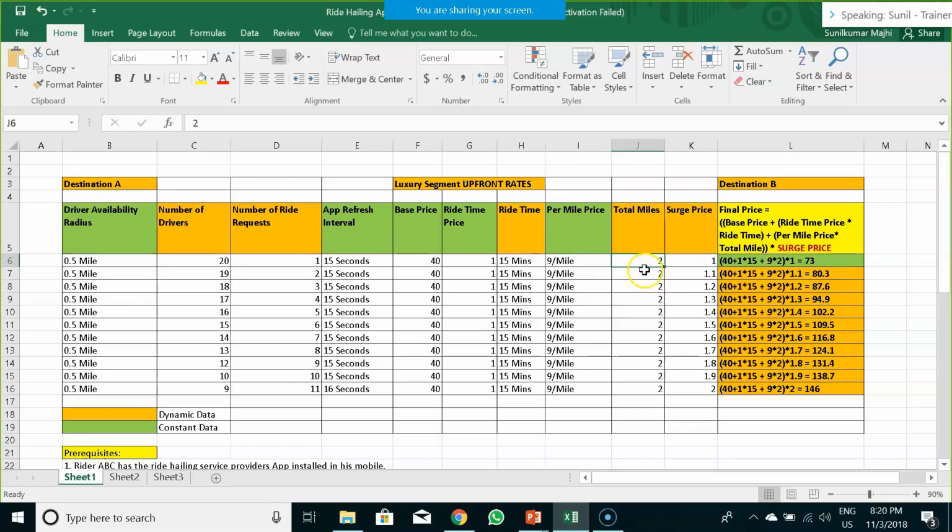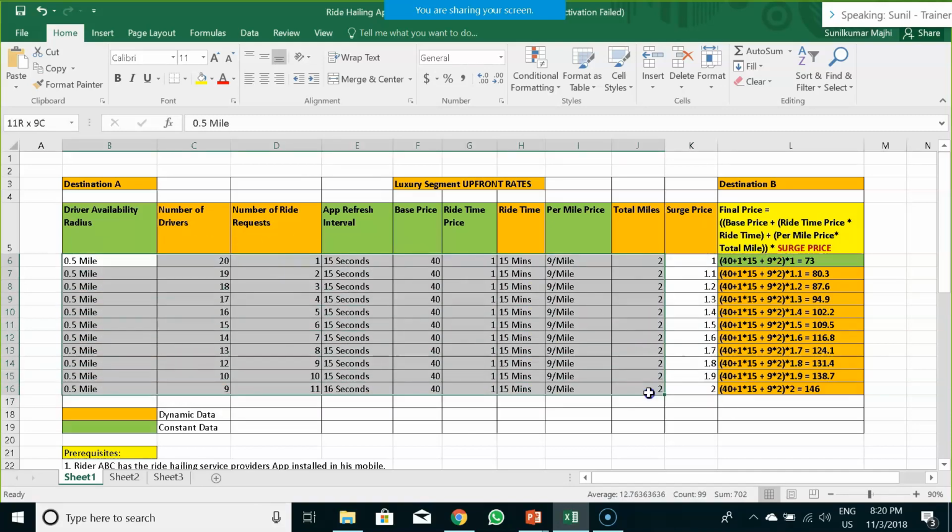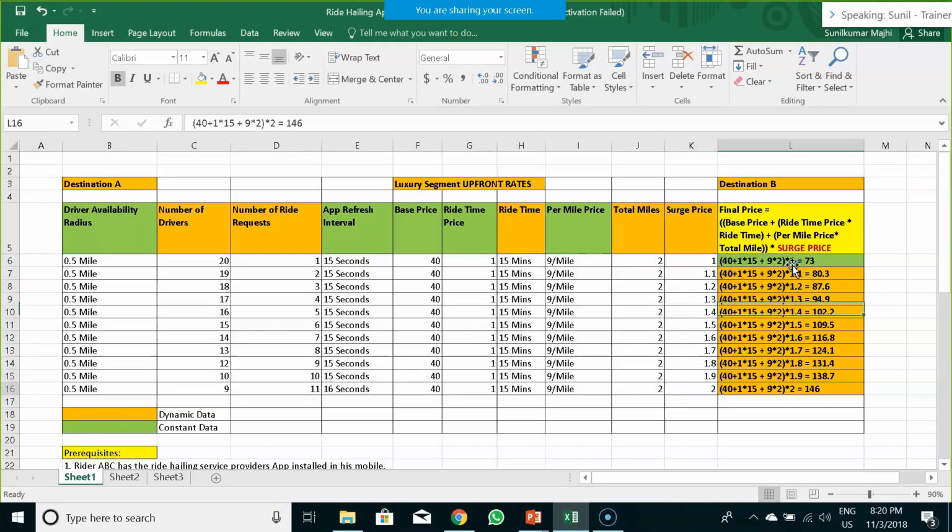That is 2, the total distance we cover. So your final algorithm would be 40 plus 1 into 15 plus 9 into 2, into the surge factor. Depending on demand and supply, the surge factor would get applied to the overall calculation.